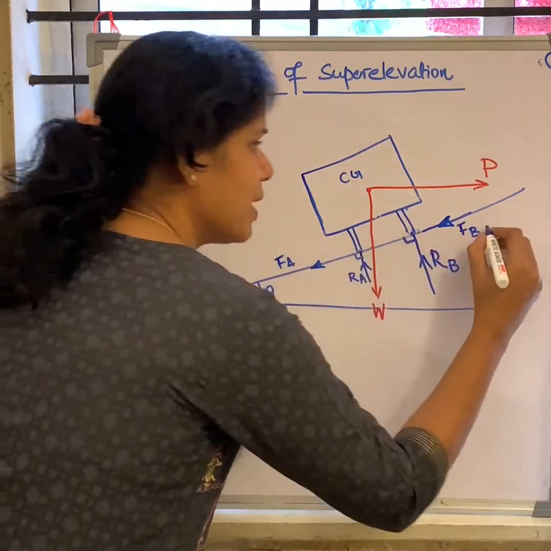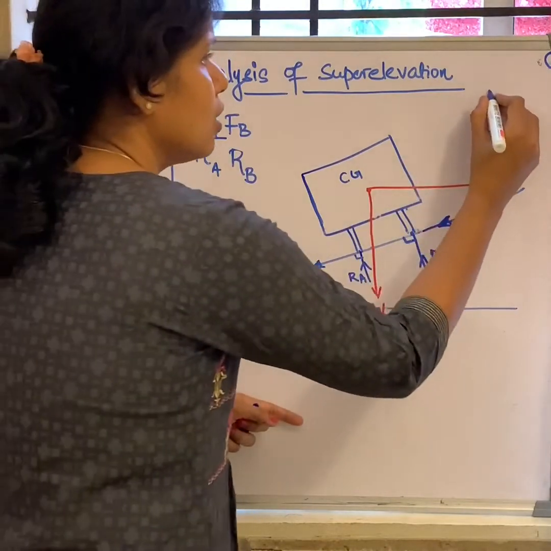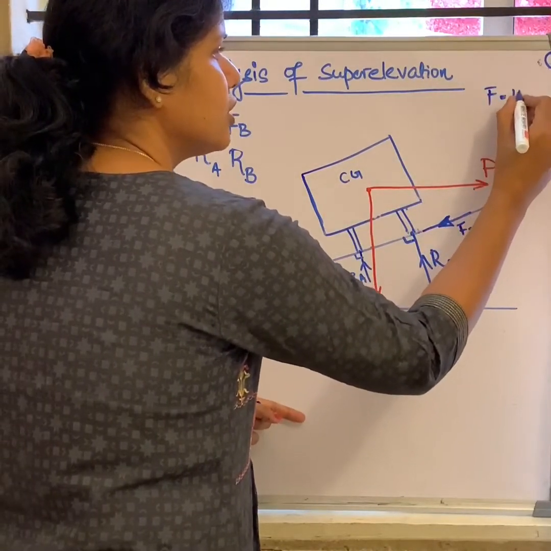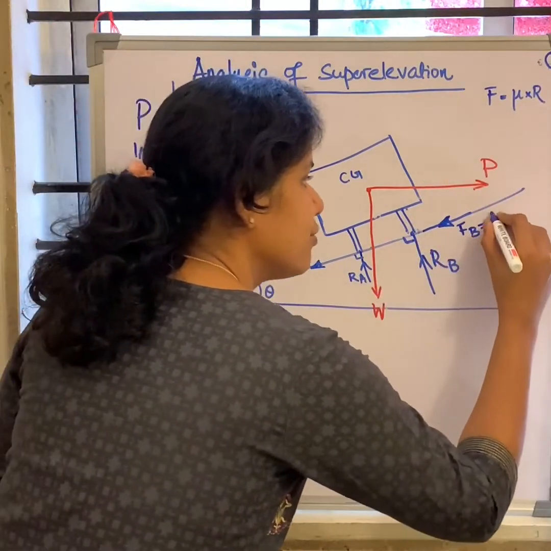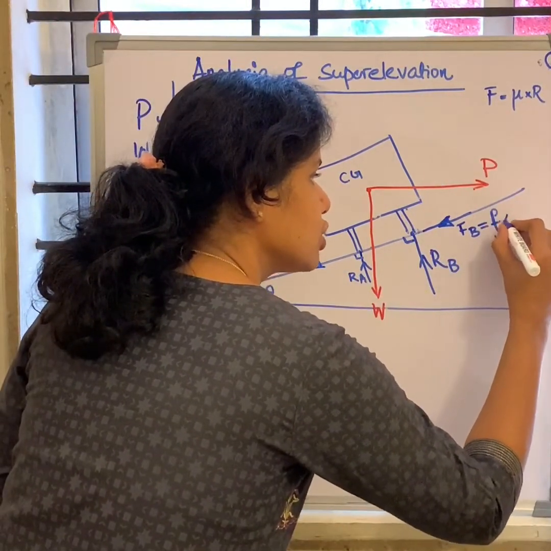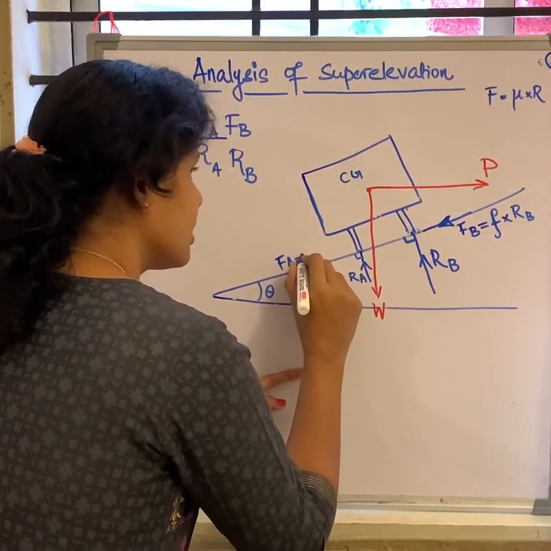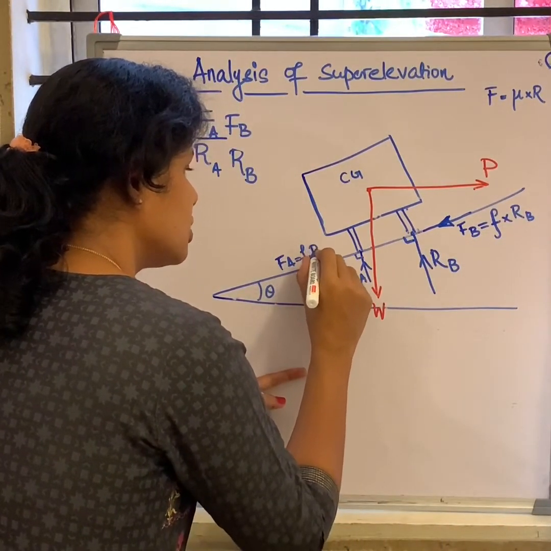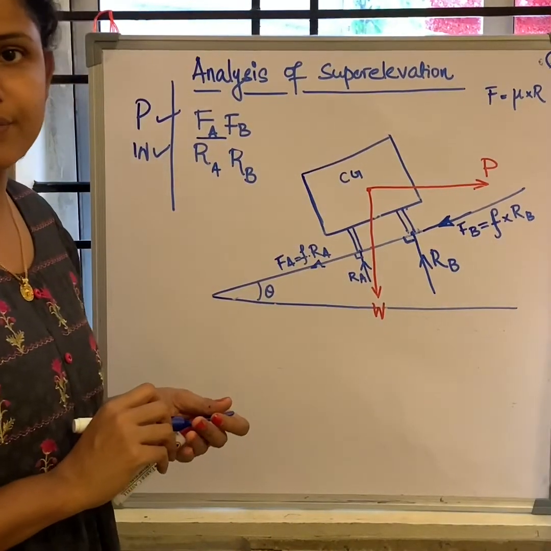Now let's expand FB and FA here itself. Friction means coefficient of friction into normal reaction R. So when I am writing FB, I can write coefficient of friction into RB. Similarly, FA is coefficient of friction into RA. I hope this force resolution is clear.